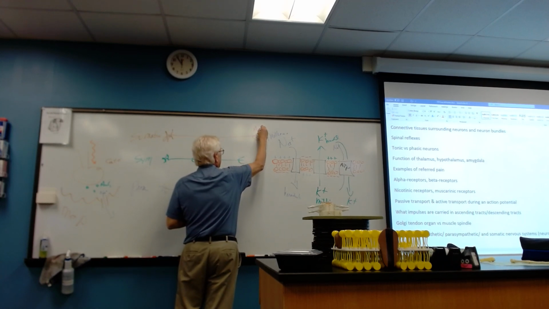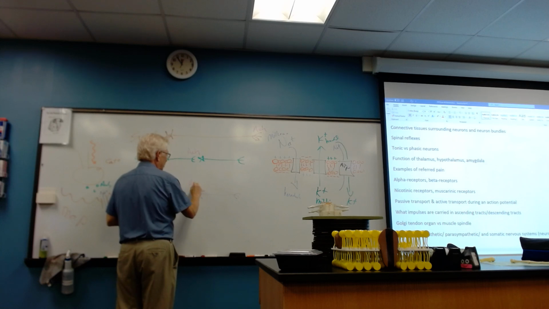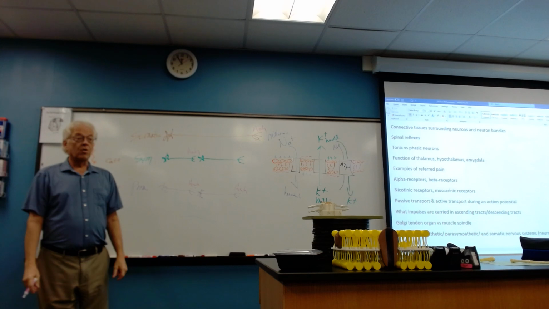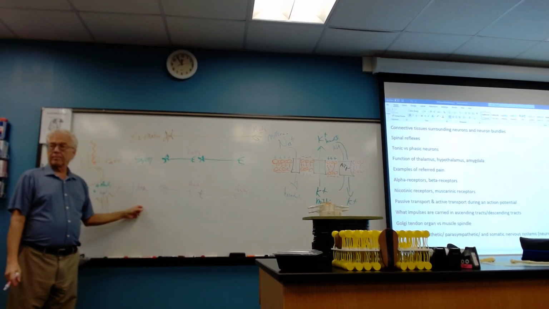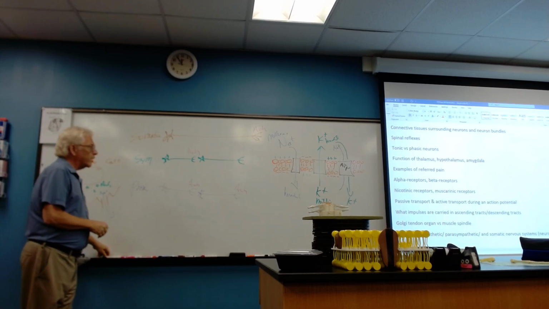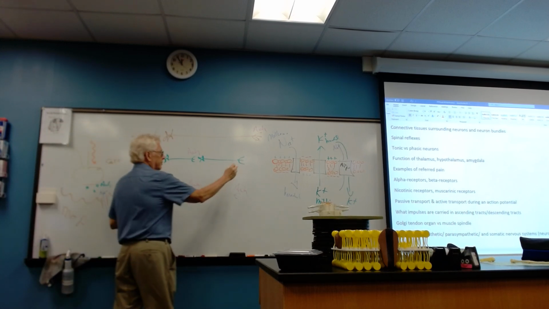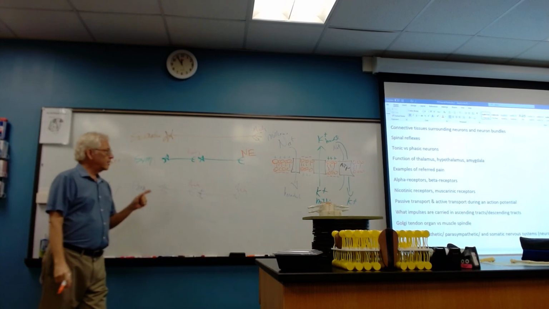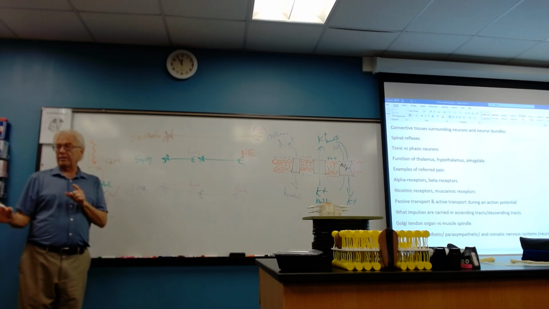This one, this one, this one, and this one. So who uses acetylcholine? All of them. Who is the only one that uses norepinephrine or epinephrine? Only the second neuron of the sympathetic. Got it? Only the second of the sympathetic.